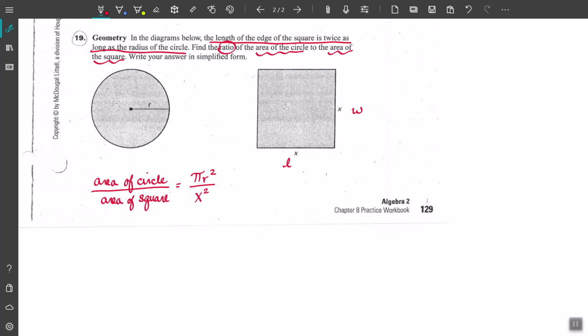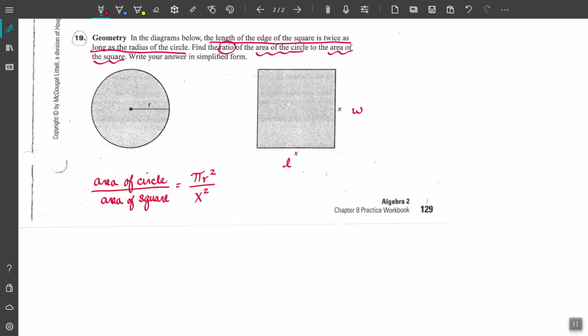Okay, so now we have our ratio set up, but we still have way too many variables going on here to really be able to solve anything. And so that's when I'm going to go back up and look at what they told me. They gave me that extra piece of information at the very beginning that said that the length of the edge of the square is twice as long as the radius of the circle. So the length of the edge of this square is twice the length of this r right here.